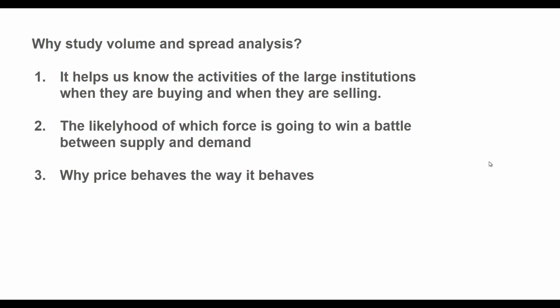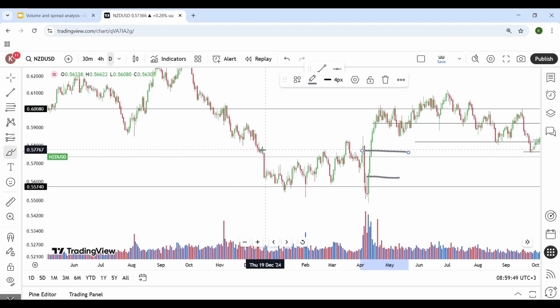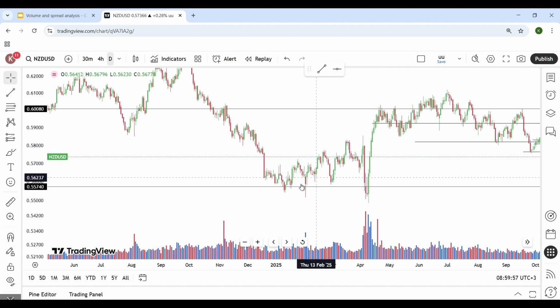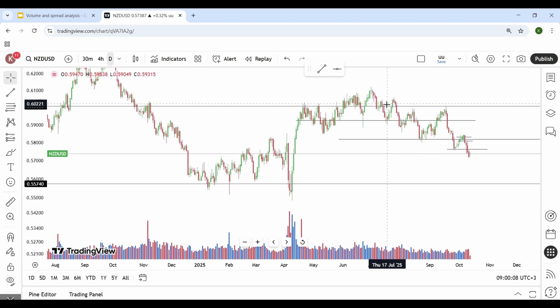So why study volume and spread analysis? First, it helps us know why price behaves the way it behaves, why price moves from the support to the resistance, and why price moves from the resistance to the support cluster.